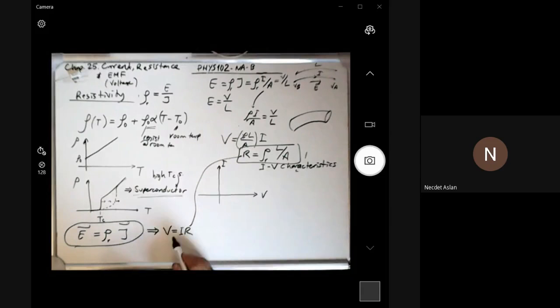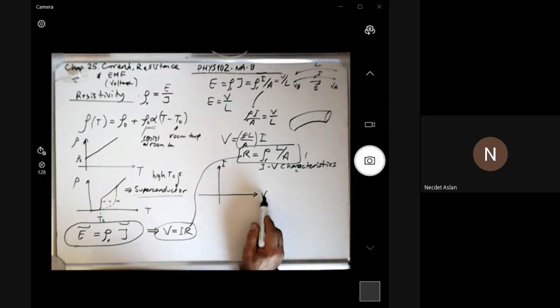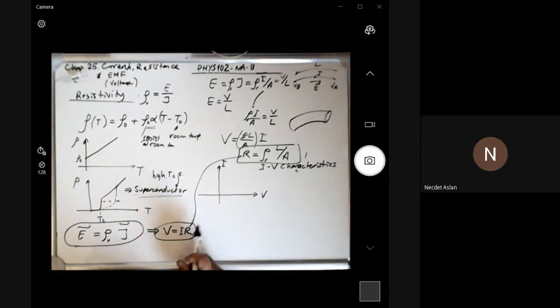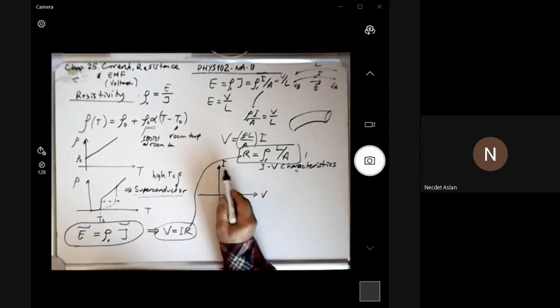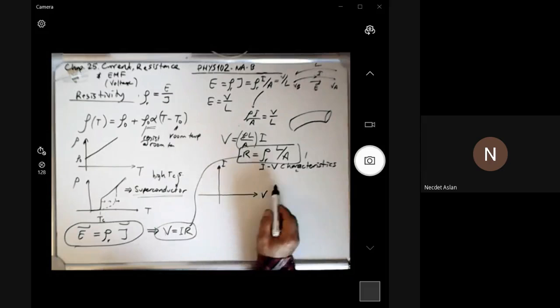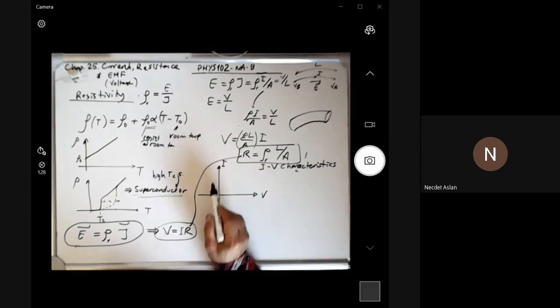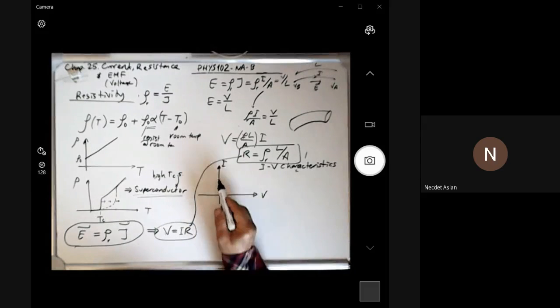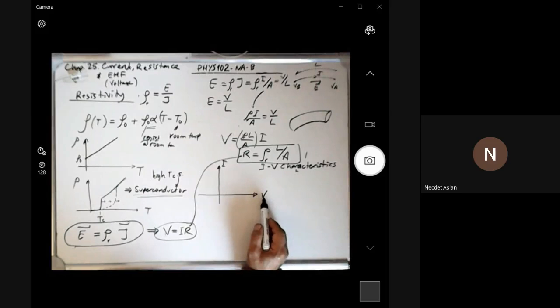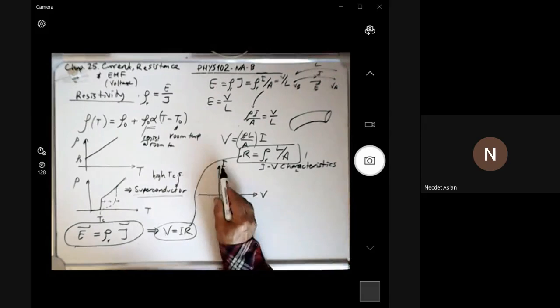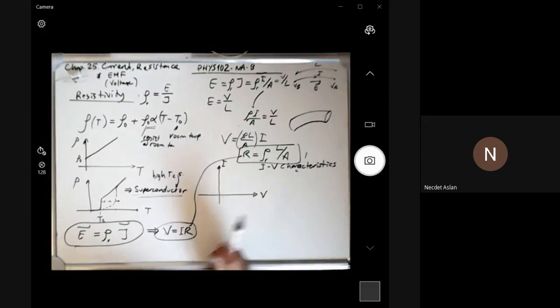We are used to the notation V equals IR, so V is like the y-axis and I is like the x-axis. This is the way that we think, but for electronics, IV characteristics is important, and we use the current for the y-axis, and for the x-axis we use voltage, because the current is a result of the voltage or the potential difference.